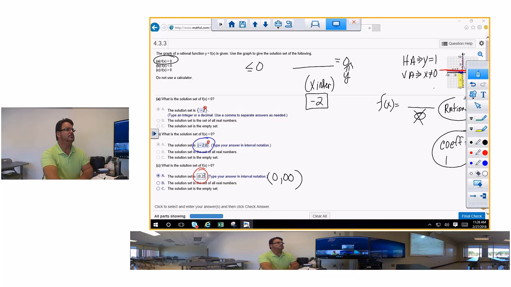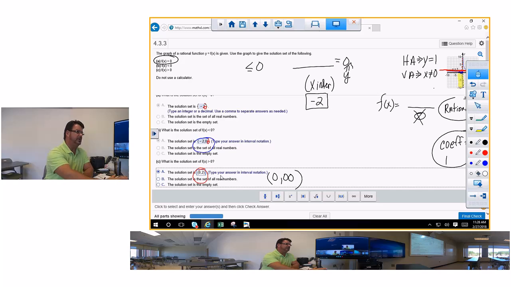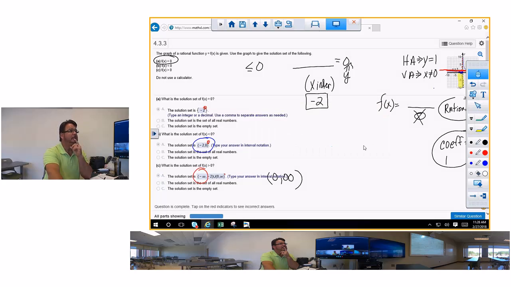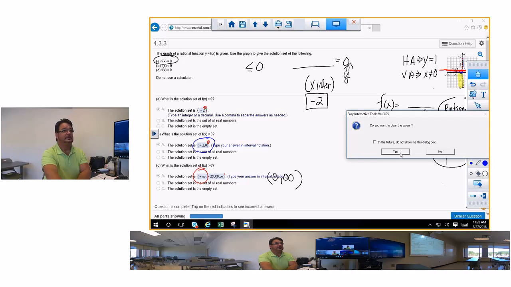I'm going to put in 0 to infinity and hit enter. Okay, then I was correct. I was correct at the beginning. I'm sorry. This wrong answer down here messed me up. I thought the answer was 0 and 2, and I changed. That was my mistake.